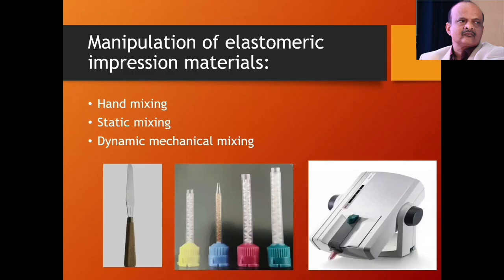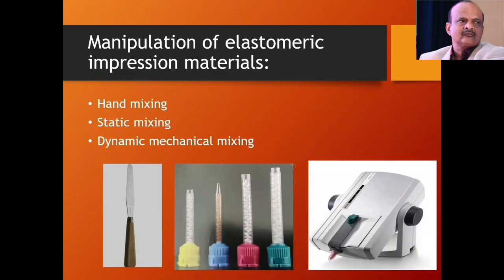Then static mixing: these are specific mixing tips with ferrules inside, which are material specific, and they will achieve a good, uniform, homogeneous mix. They also prevent contamination of the impression material during the mixing phase and the delivery phase. And they are also going to save your material, unlike hand mixing.